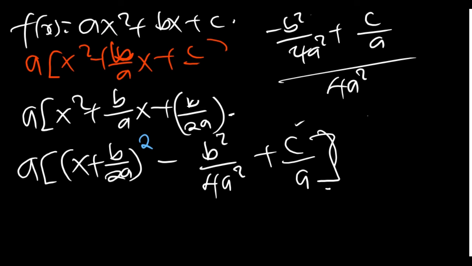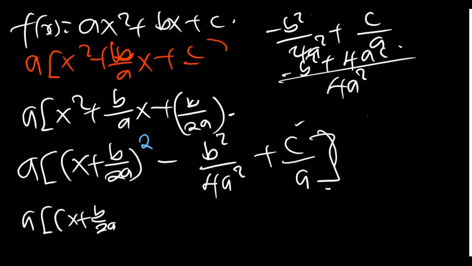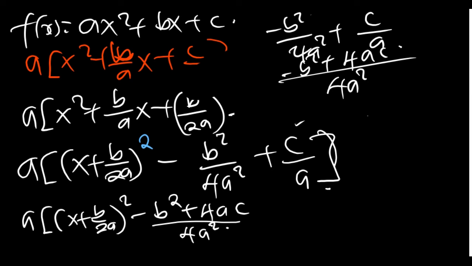So 1 times that one, we get a negative b squared, plus 4a times that one, we get 4ac. I'm supposed to replace this with what I have there. So I have a open brackets, I square it, then I have minus b squared plus 4ac, everything divided by 4a squared.